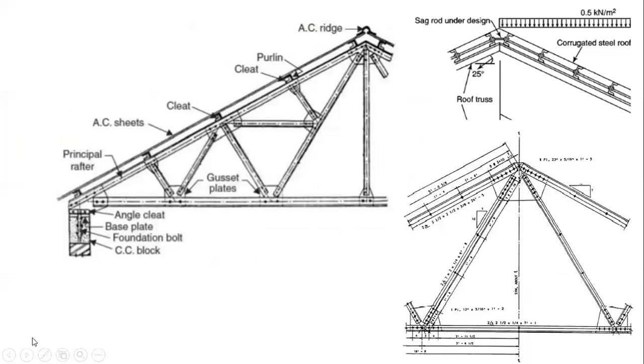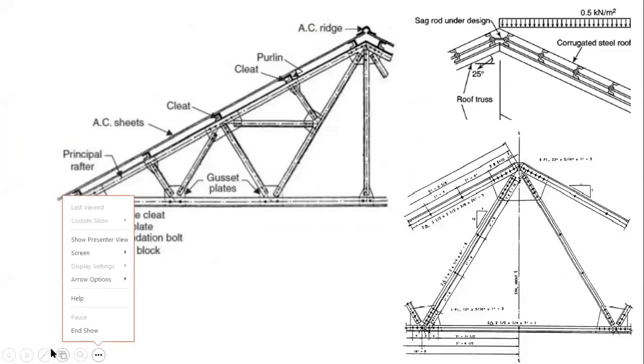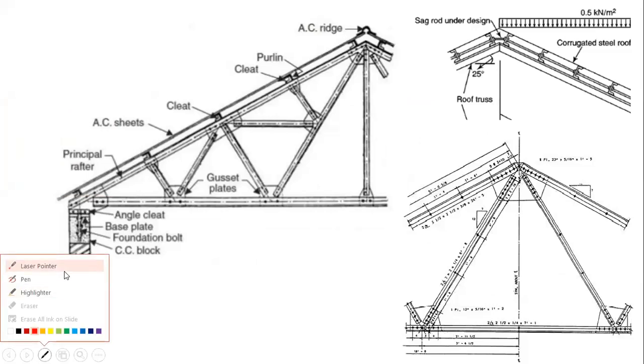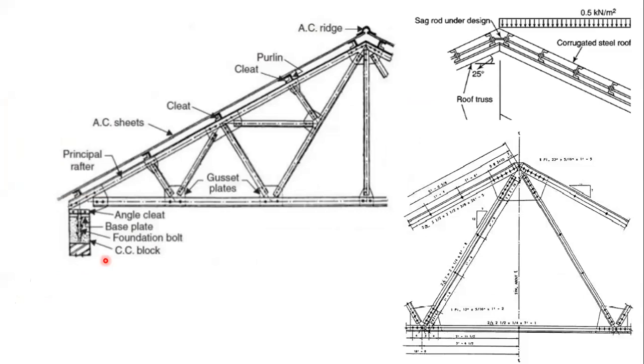They will be either in axial tension or axial compression. So entirely, the design of a truss is a design of a tension member or a design of a compression member. That is what we'll be dealing with when we go for designing a roof truss.